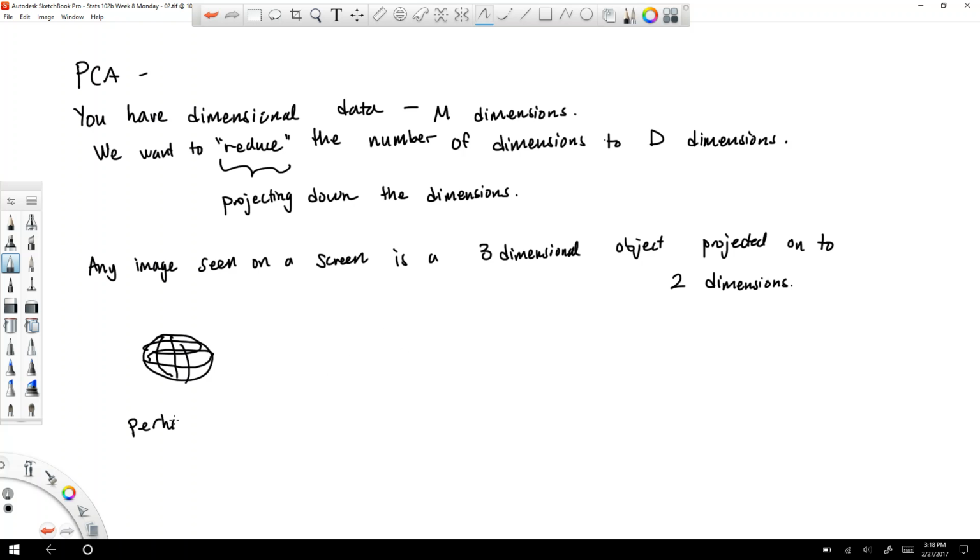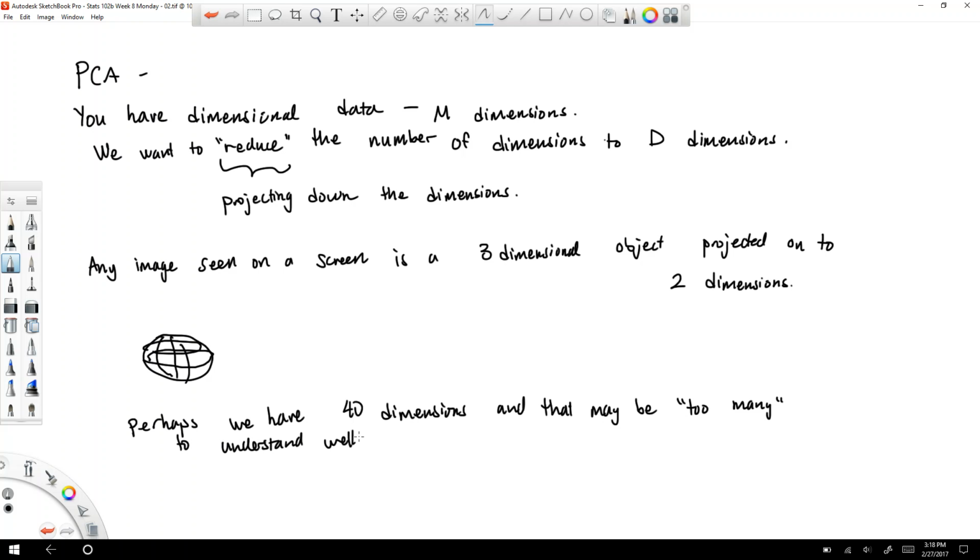Perhaps we have 40 dimensions, and that may be, quote, too many to understand well. Okay, I can't undo here.